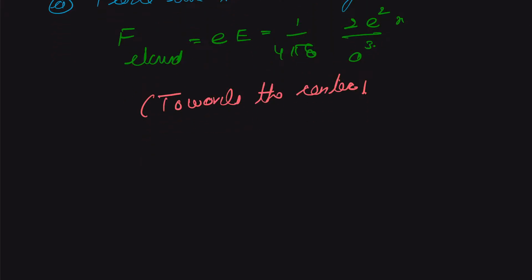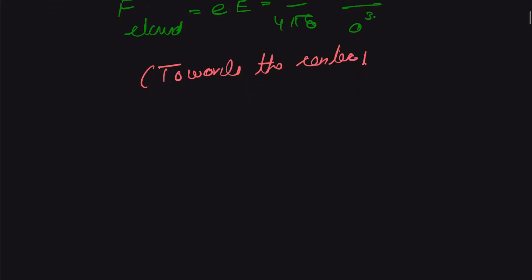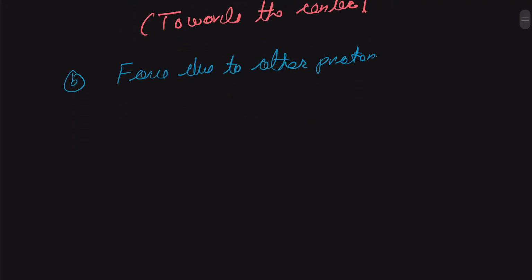And the second force will be between the proton and proton. So the second force is due to the other proton, and the distance between the two protons is 2x.